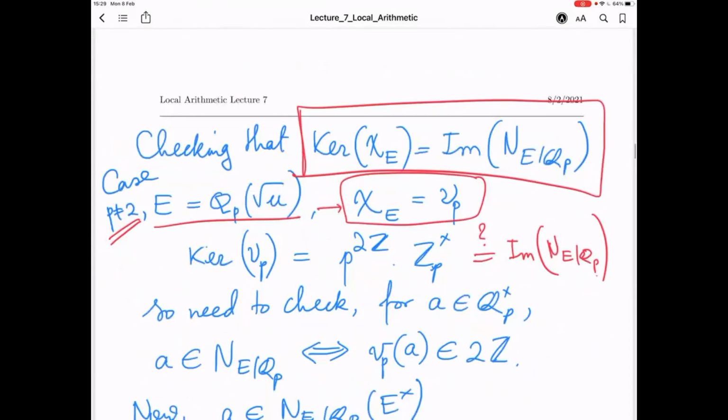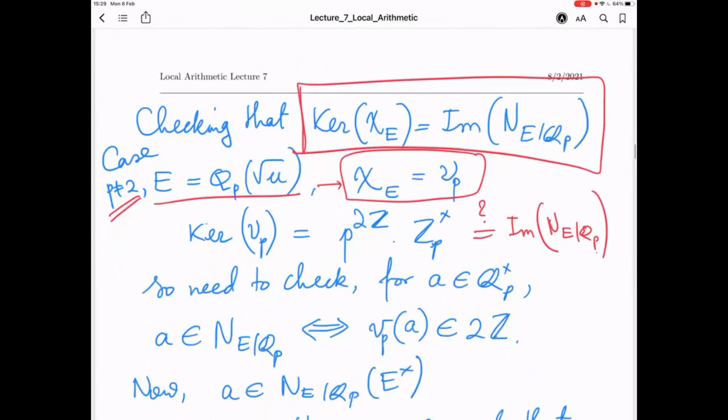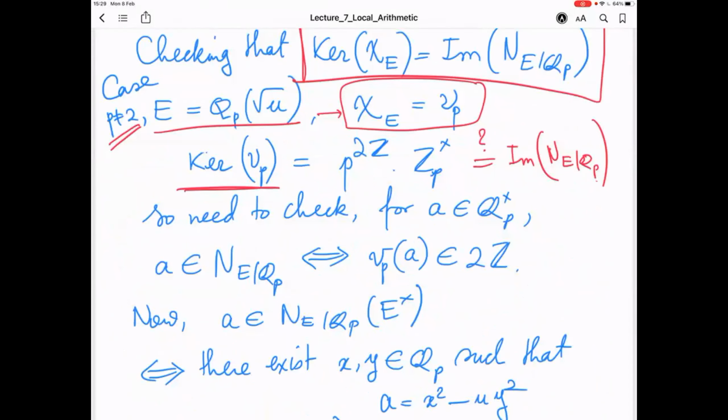I have to check that the kernel of ν_p is equal to the image of the norm map from this E.